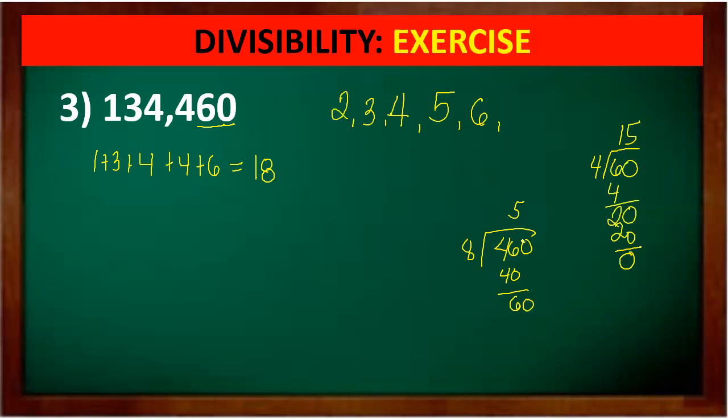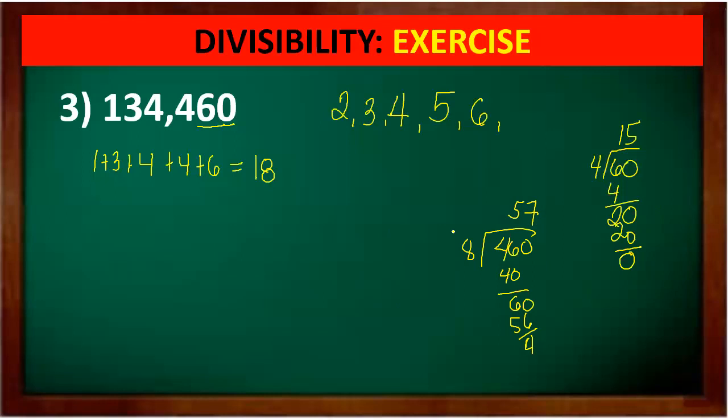Okay, so 60 divided by 8 will give you actually 7. Okay, so there's a remainder, di ba? Okay, because that is 56 only. There's a remainder of 4. Remainder natin 4. Okay, so therefore, that is not divisible by 8.